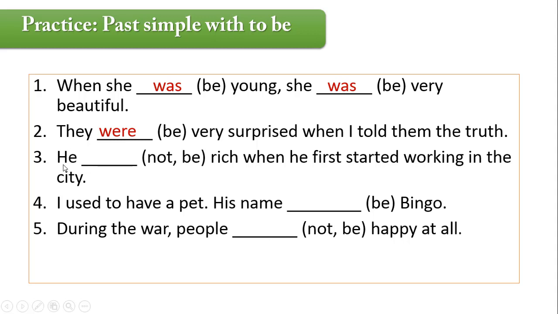And now again we have the singular subject he, but we need to have not, so the answer is: he wasn't rich. And number 4, his name. Well, his name is also a singular subject, so the answer here is was again. Now number 5, we have the people. That is a plural subject, so the answer here is were.